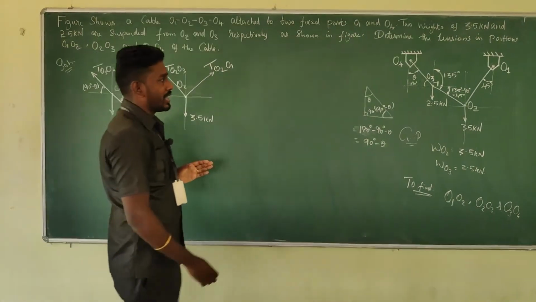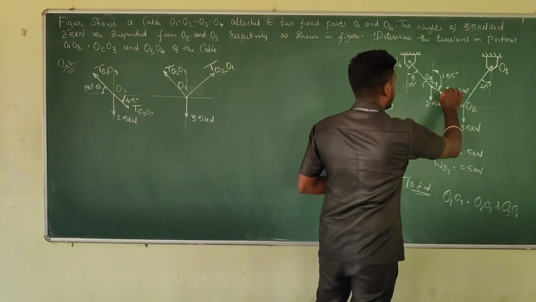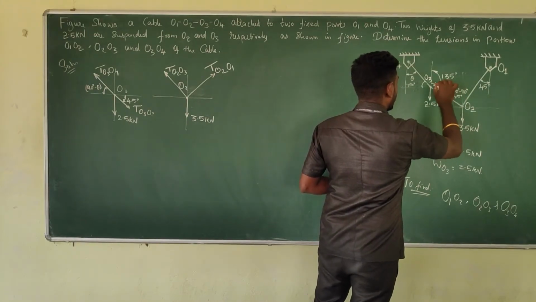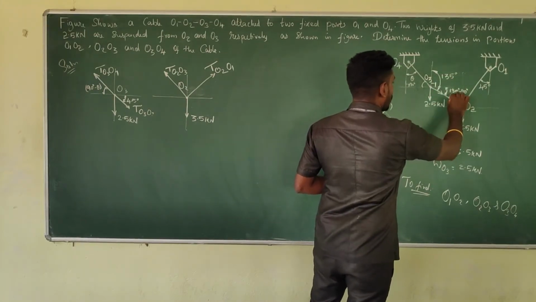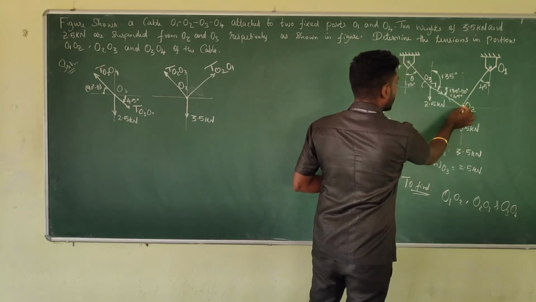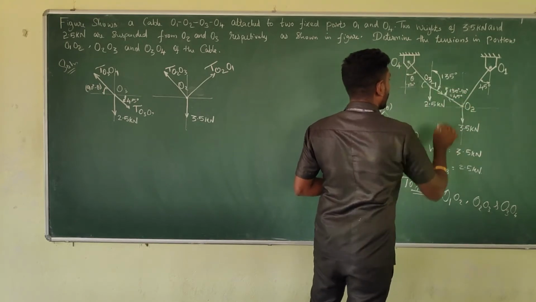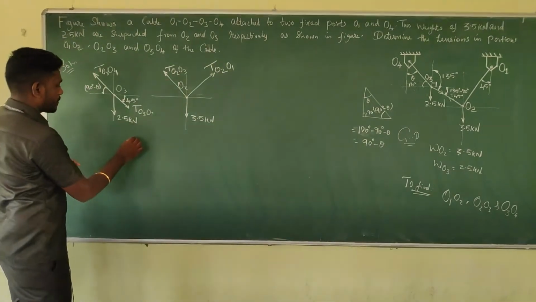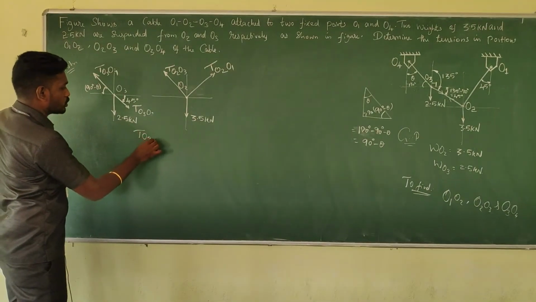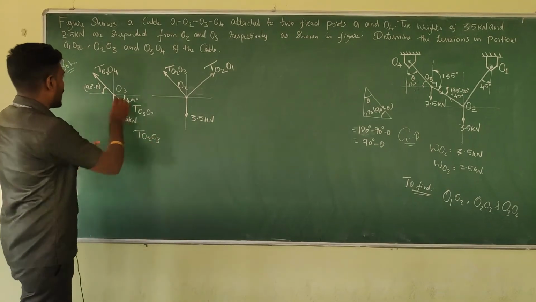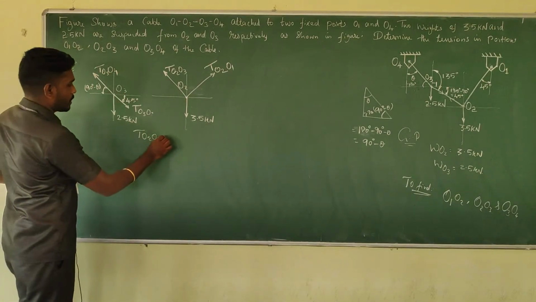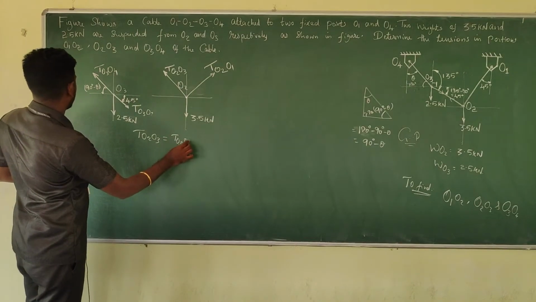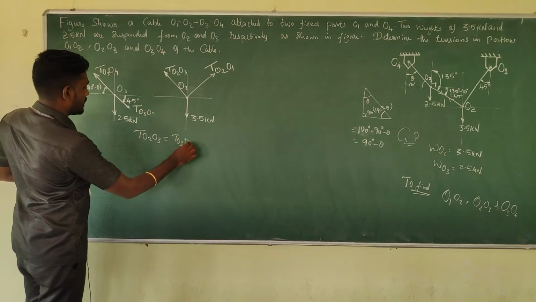Okay. So actually, when you are considering O3, there is a tension force from O3 to O2, and there is a tension force from O2 to O3. Am I right? So both is tension force. That means T O2 to O3 and T O3 to O2.